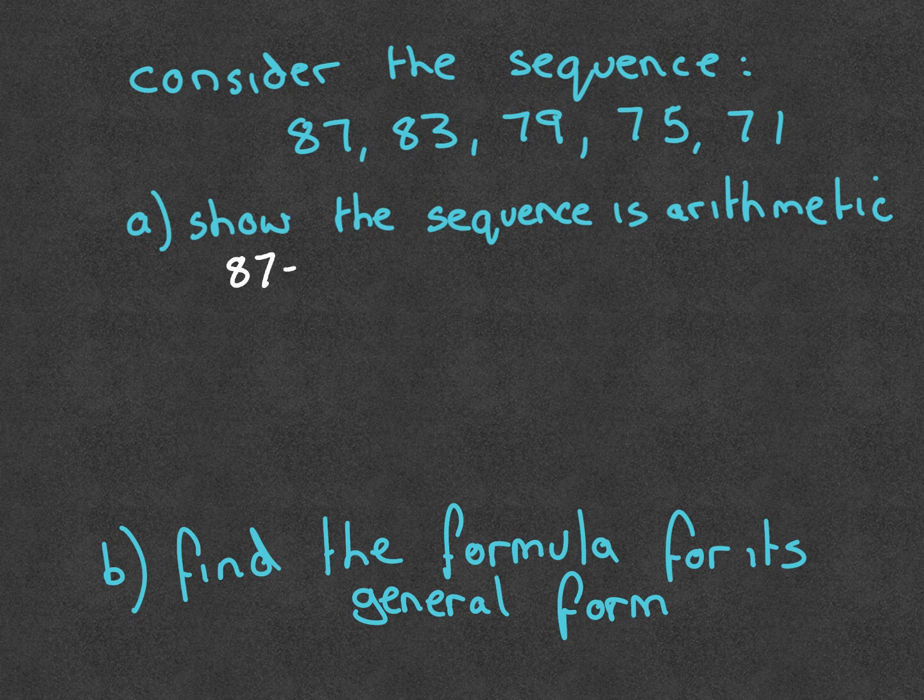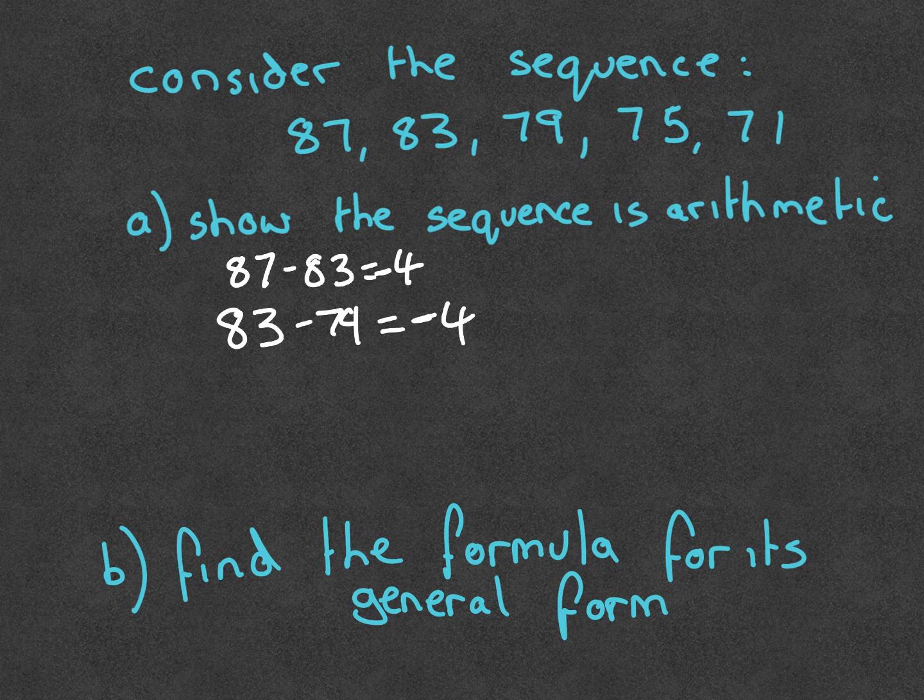87 take 83 is equal to 4, so we're taking away 4 each time. The difference between 83 and 79 is also taking away 4, and we can see that the pattern continues along.